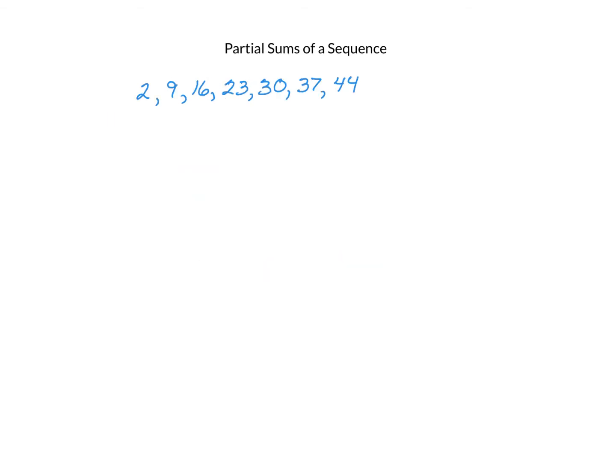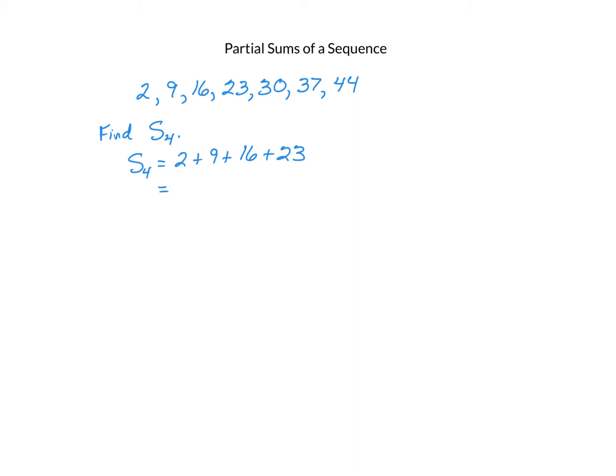It's a finite sequence with 7 terms, but suppose the question is to find the fourth partial sum. So S sub 4 would equal the sum of those first 4 terms, 2 plus 9 plus 16 plus 23, and for this problem, the other 3 terms of the sequence just aren't relevant.